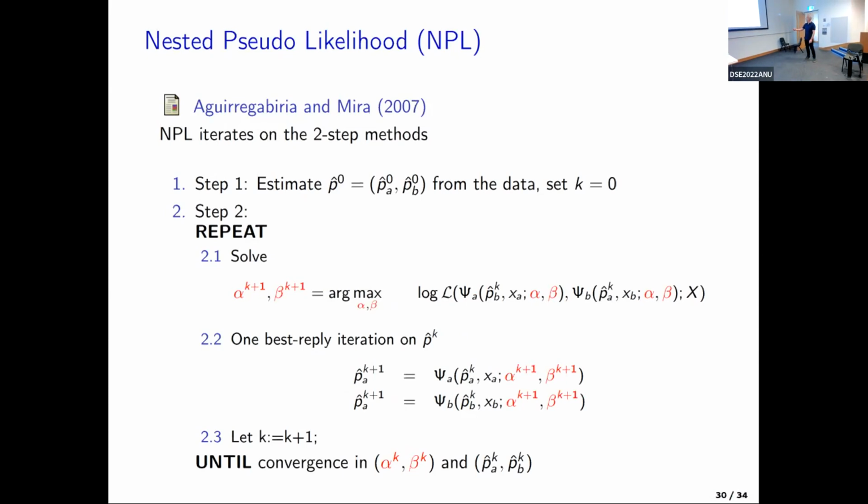You estimate the investment probabilities from the data. Then you estimate the alphas and beta using the pseudo maximum likelihood estimator, where you have fixed the investment probabilities at the estimated values, and you move around the structural parameters to maximize the pseudo likelihood.